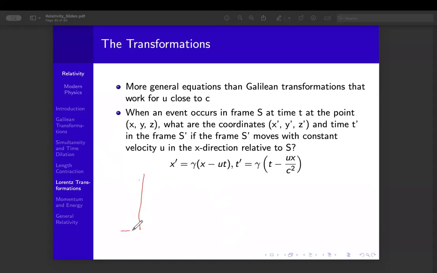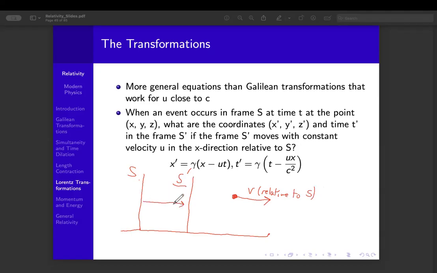So I'm going to give us a quick rough sketch of frame S and S prime again. So there's S prime. Imagine that you have something right here that's moving with some velocity v relative to S. Well, we could figure out the velocity of that same event relative to S prime then.